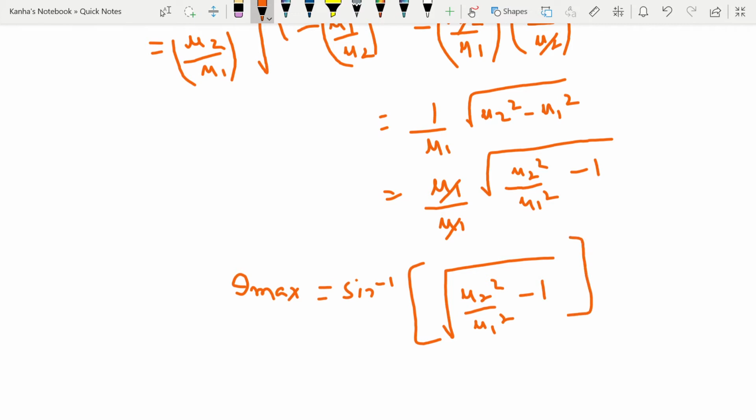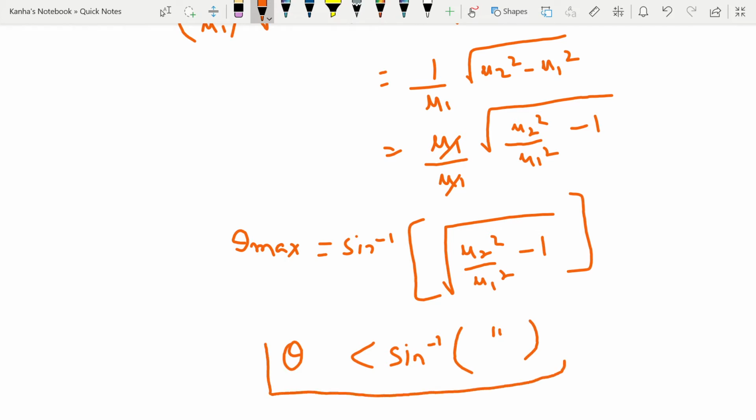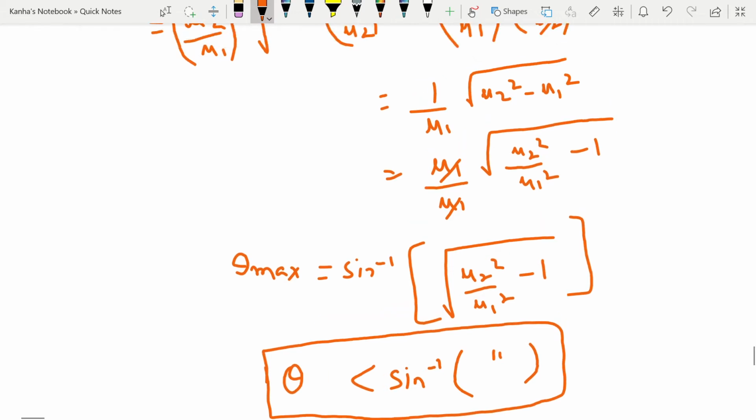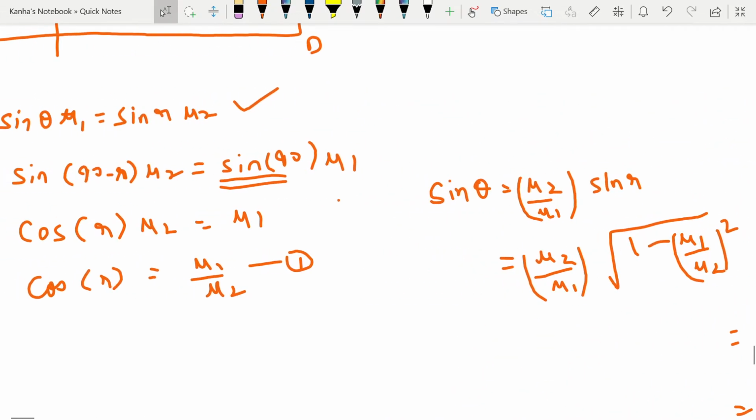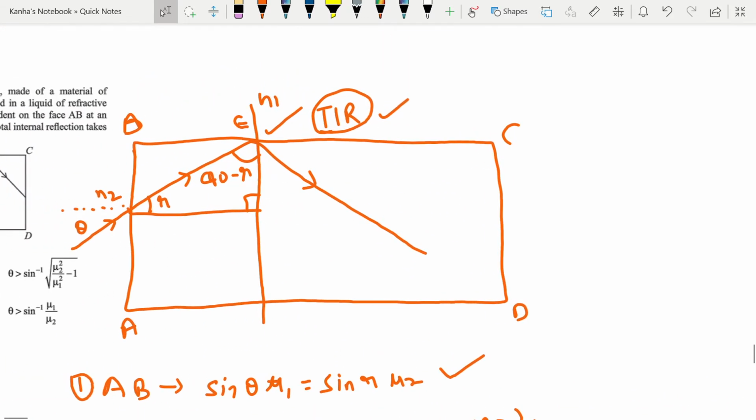Now for total internal reflection, this theta should be less than this angle. So when your theta is less than this angle, only then will you get total internal reflection there, because your angle of incidence will determine your angle of refraction.